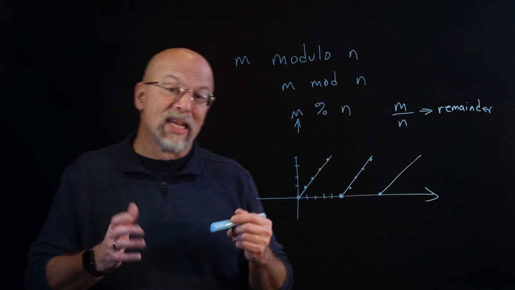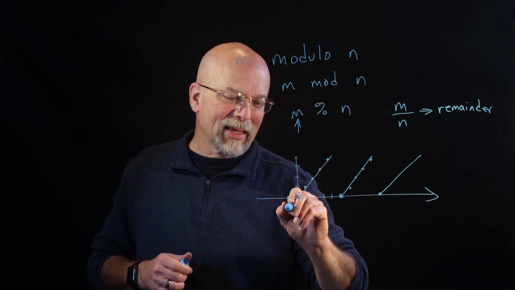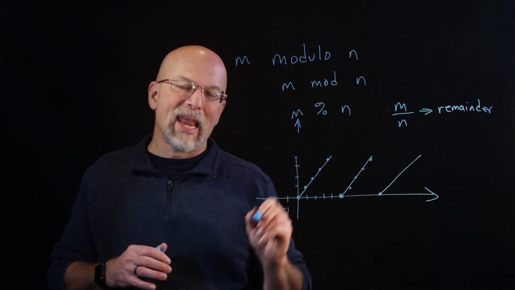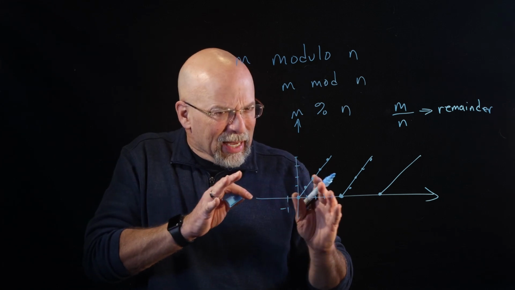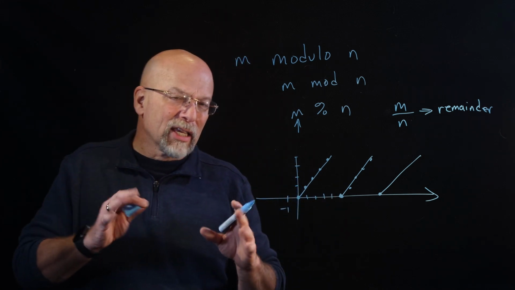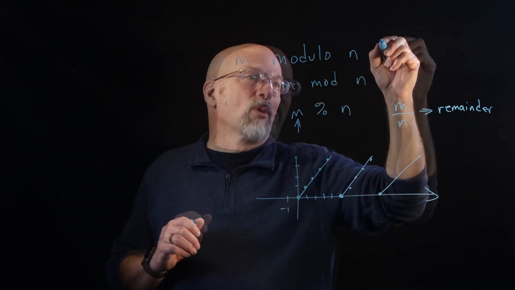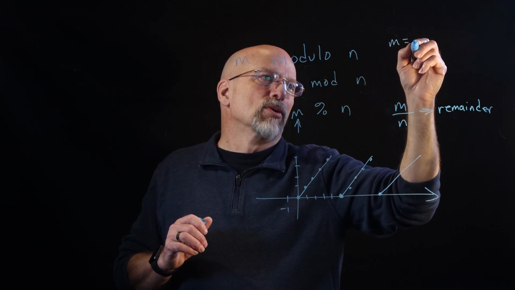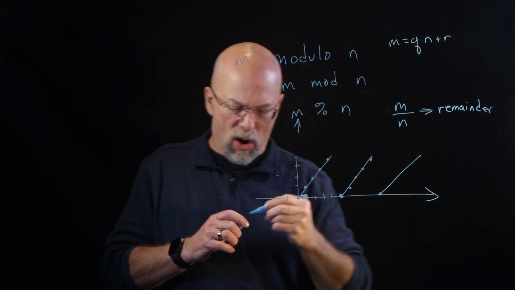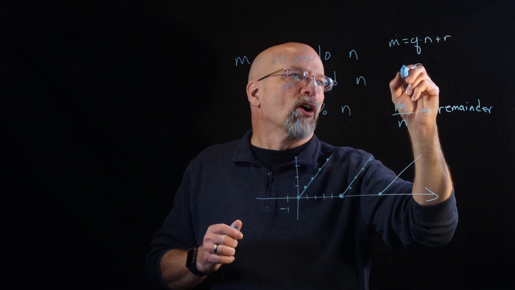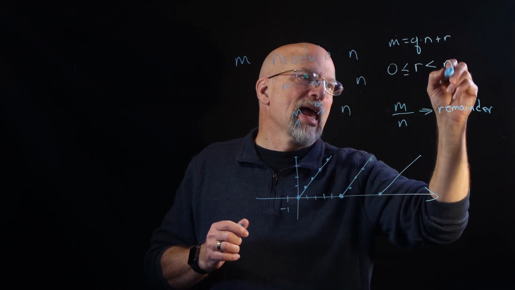I'm an engineer, and that's what it looks like to me, a sawtooth wave. Now, whenever it comes to negative numbers, it does that same pattern. This may not make a lot of sense, but at -1, the remainder is a positive value. The remainder is always going to be positive. Remember, we're working with that formula, m is equal to some q times n plus r, where r is greater than or equal to 0, but less than n.